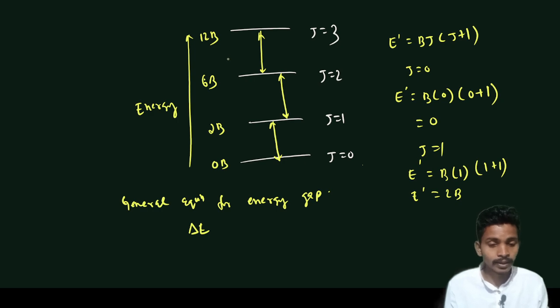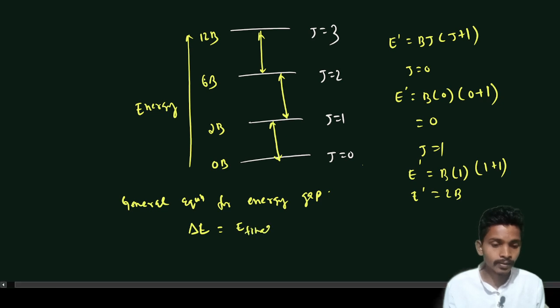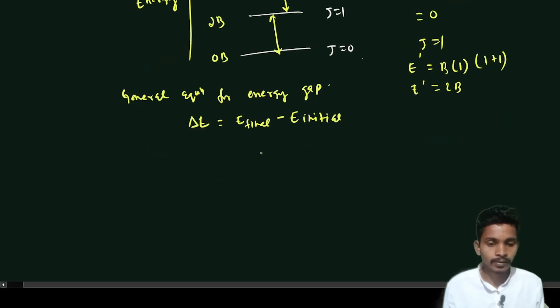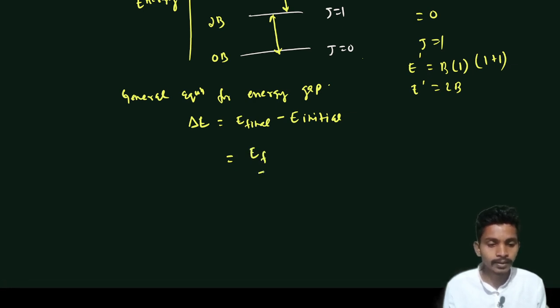The energy gap delta E is E final minus E initial. So I take E final as J plus 1, and E initial as J.